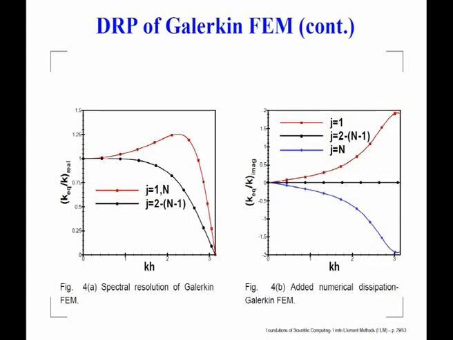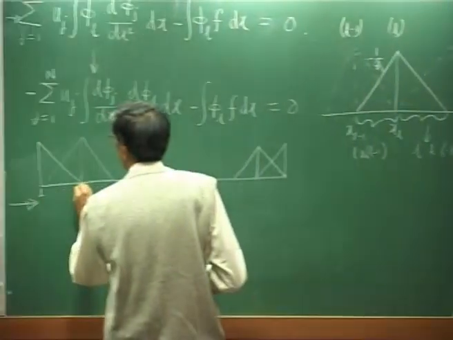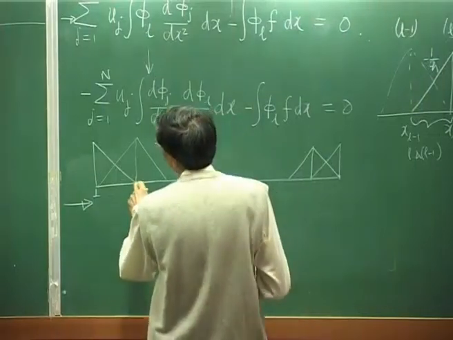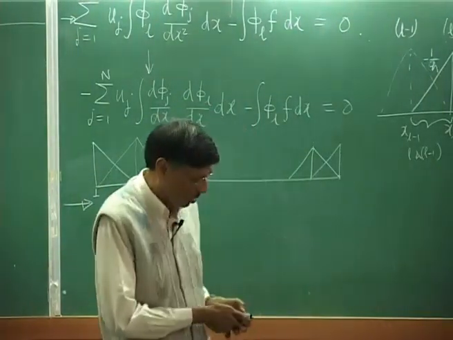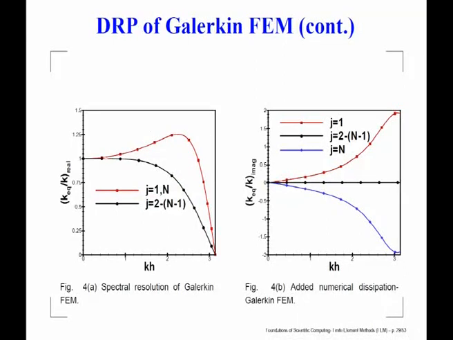If we evaluate that differential equation for j equal to 1 or n, we get the stencil, the discrete equation, different, and that would make this real part obtain an overshoot, whereas the imaginary part is going to be of the following kind. For this wave equation, as we have seen, the convection direction is from left to right, and for the first node the information you are getting is from inside, and that leads to a kind of numerical instability, which is indicated by this imaginary part taking a very high value.